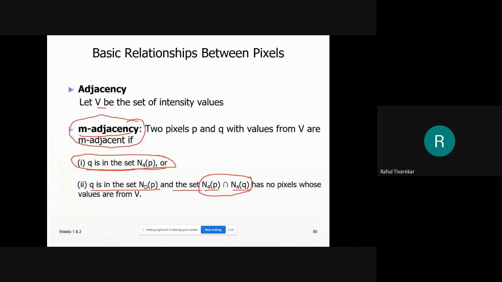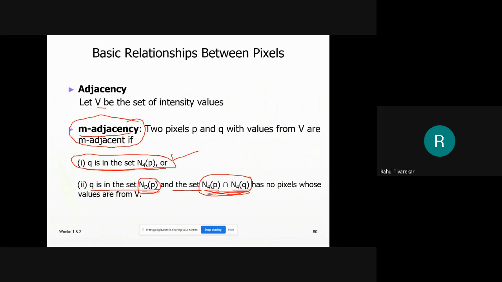So what is the condition for M adjacency? Either those two pixels should be four neighbors to each other, or the pixel Q should be a diagonal neighbor of pixel P, and they should not have any four neighbor common between them.